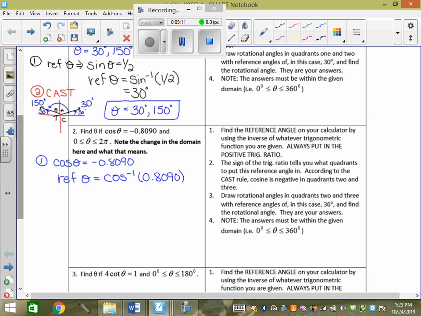So, second step, CAST rule to get our terminal arms. So how do we get to our terminal arms now? I go back to my original that I've isolated. I need when cos is negative. Where's cos negative?